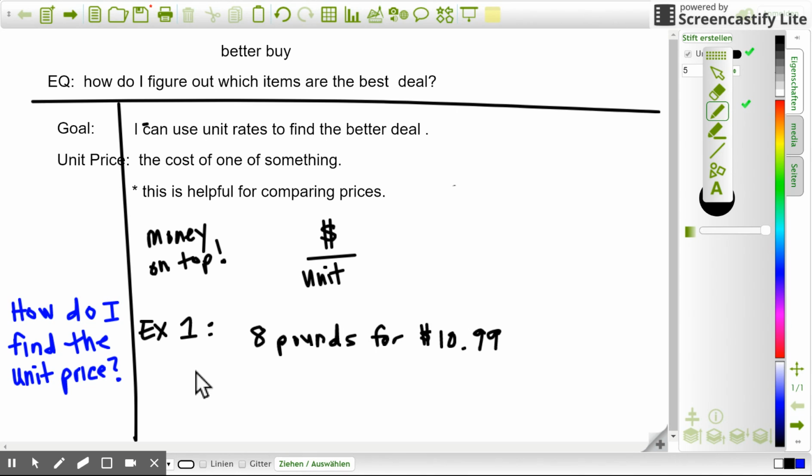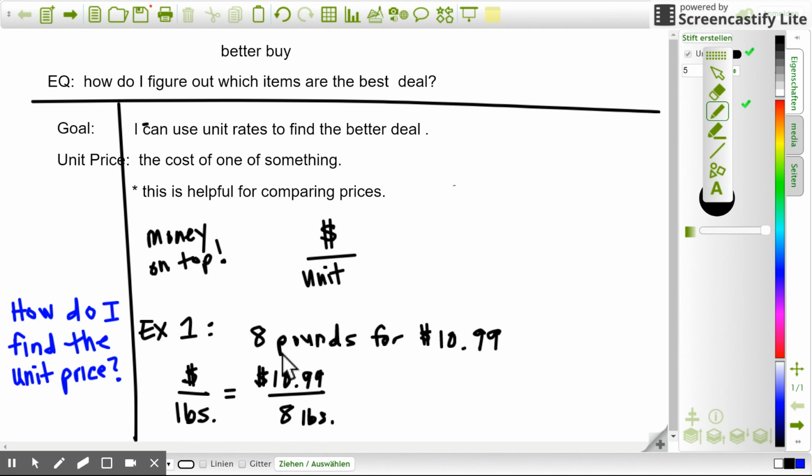So I'm going to start off by remembering that money goes on top. So I'm putting money over pounds. And remember, LBS stands for pounds. So I'm just going to use the abbreviation there. And I'm going to rewrite this as $10.99 divided by, or a fraction bar, 8 pounds.